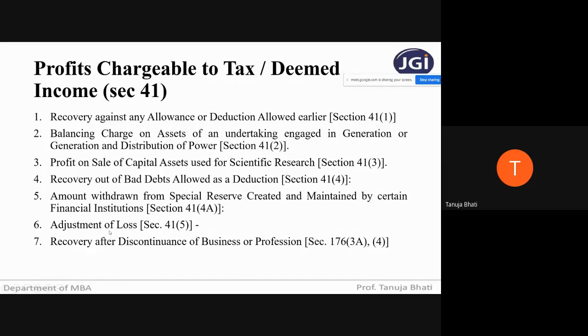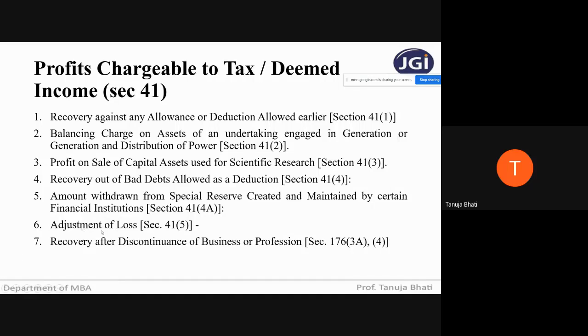Next, adjustment of loss. Now, students, as we know, and as we'll be studying in module number 5, any loss of a business can be carried forward for a period of 8 years. And when it is carried forward in the 8 years, it can be adjusted against the profits of any other business, which in detail we will be studying in module number 5.